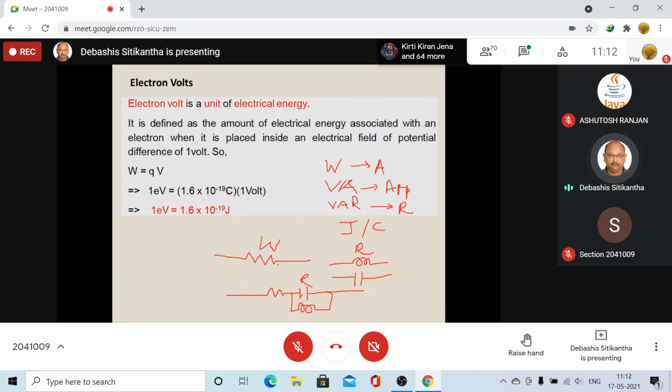So obviously the fan is going to produce some active power, and of course it is going to consume some reactive power in order to create the magnetic field. Combined, this fan is going to draw apparent power from the electrical source. So very simply I have answered this question, but when we go to chapter number 30, we will study all these things in greater detail. Is it okay?